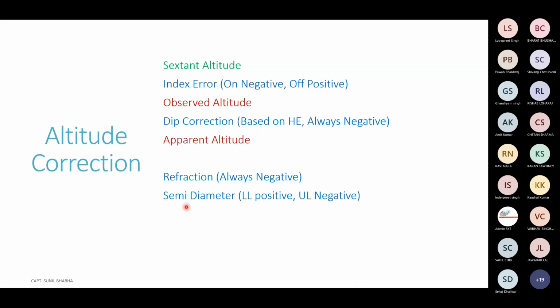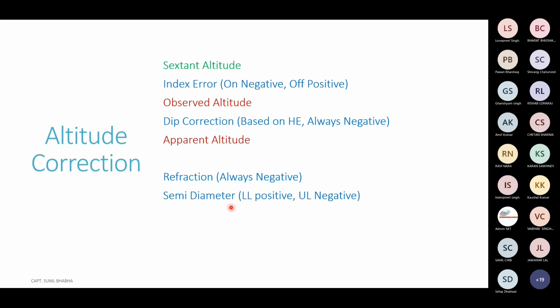The second correction applied to the apparent altitude is known as the semi-diameter correction. Now, what is this semi-diameter? The true altitude of a body is measured with reference to the center of the celestial body. Now, stars as well as planets appear to our eye as point objects. So when you take their altitude, you are automatically taking the altitude of the center of the celestial body.